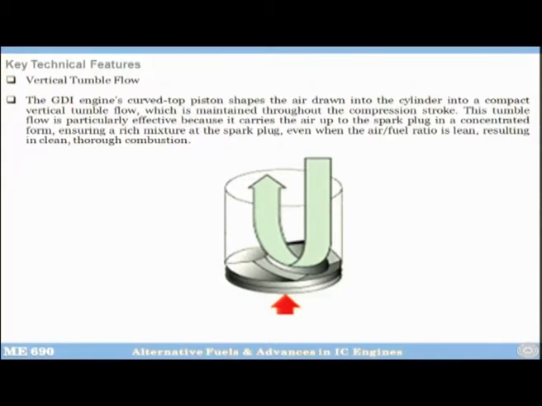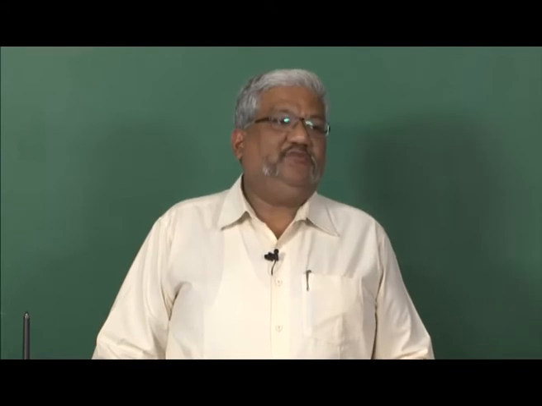So, overall if it is lean, you are going to save fuel at part loads. This results in a clean and thorough combustion, and also it gives you good fuel economy, okay, particularly at part load conditions. And you know that for most of the applications, most of the time you are operating the engine in part load condition only. So, it saves quite a bit of fuel. Okay.